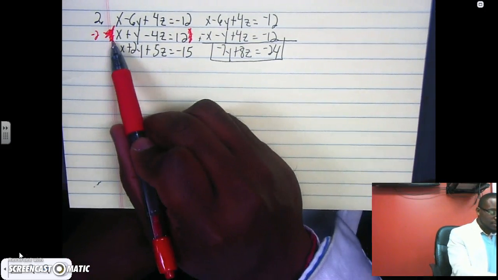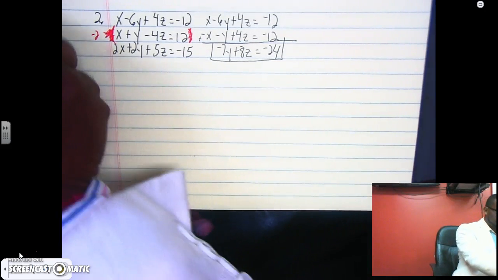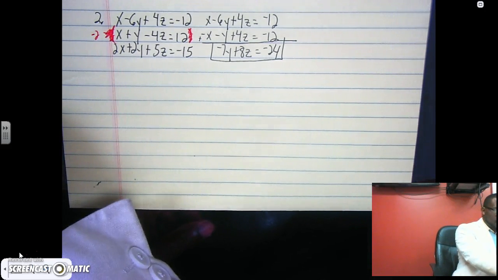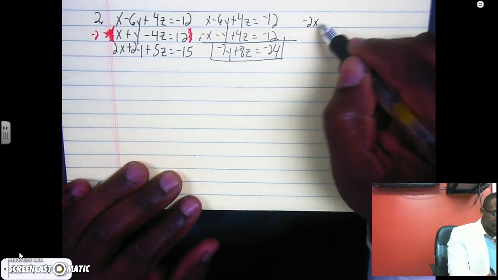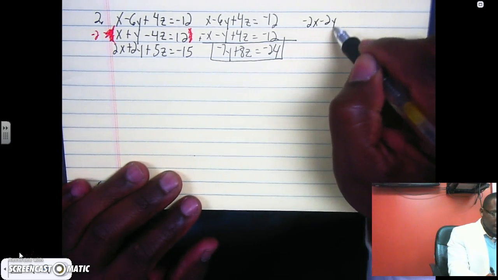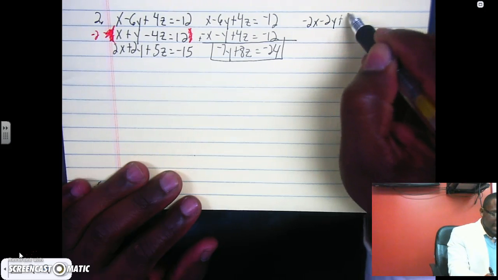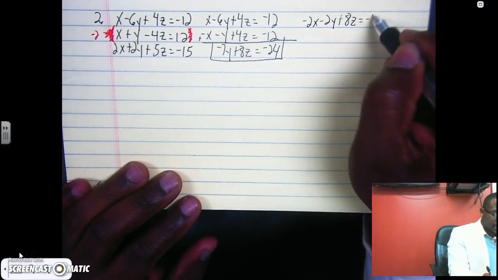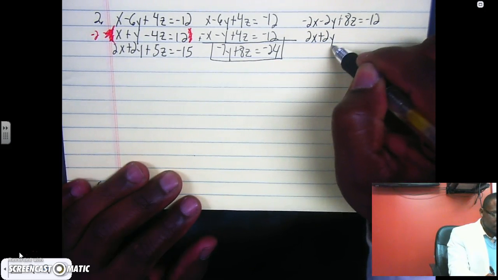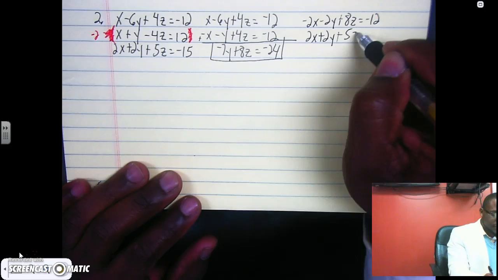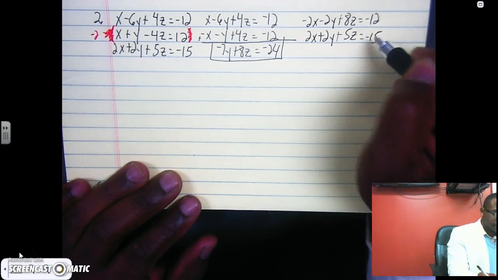And so I'm going to multiply this equation by negative 2. So I'm going to have negative 2x minus 2y plus 8z equals negative 12. Down here, nothing changes. I don't have to multiply. Plus 5z equals negative 15.